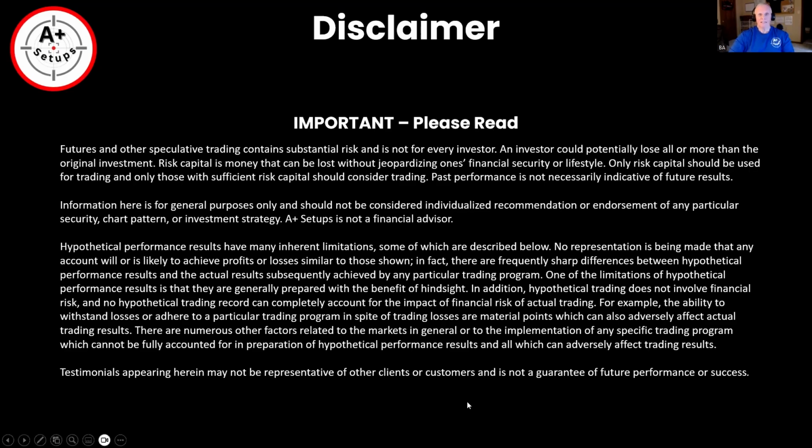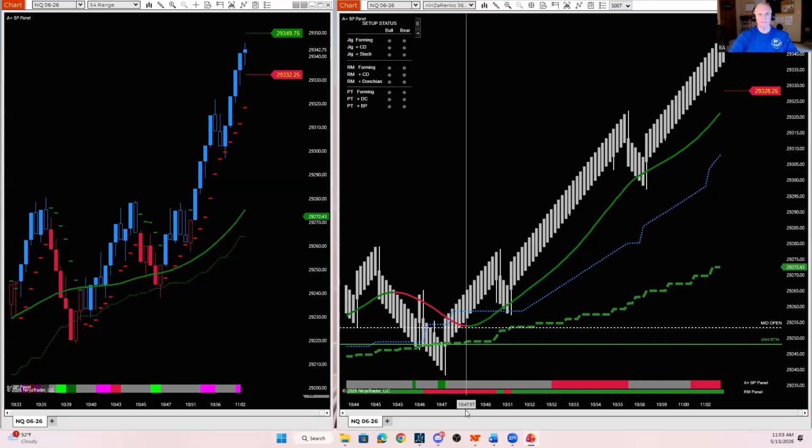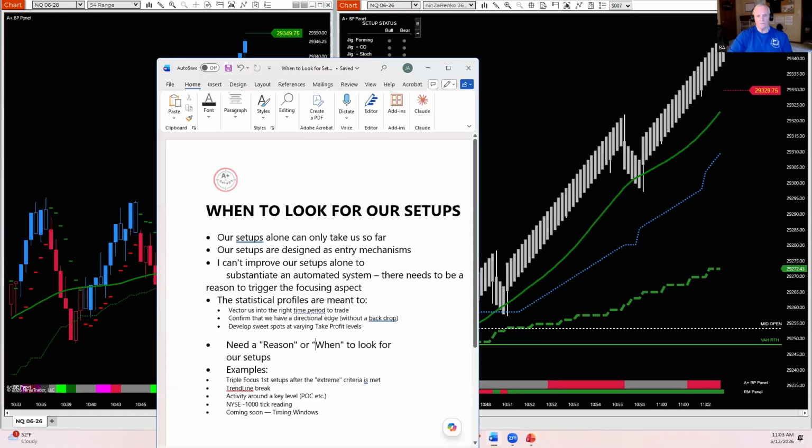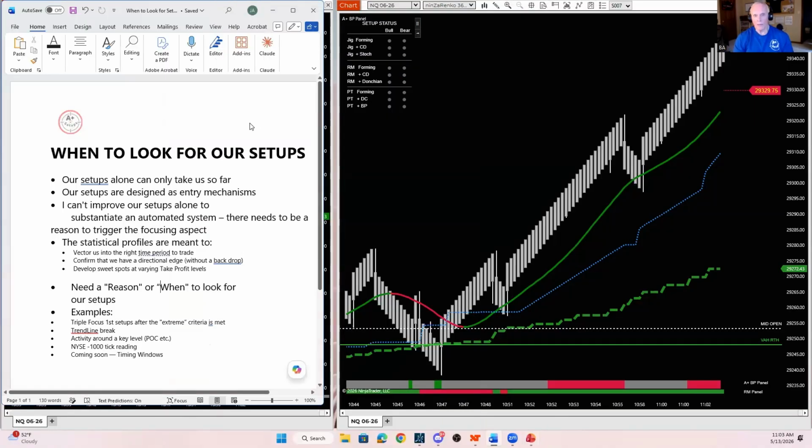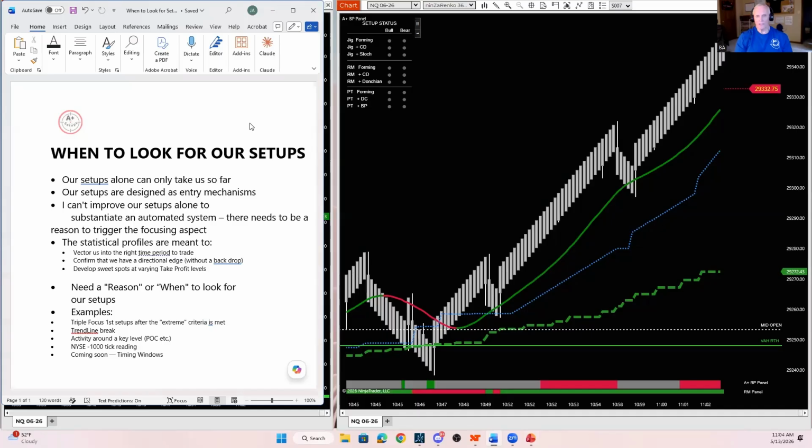All right, with that being said, let's just take a look at some of the charts here. So for us, if you're in the A Plus Setups community, you already know that we have three setups. We have the shallow pullback, the deep pullback, and the deepest pullback, the jiggle, the reverse mullet, and the puncture trade.